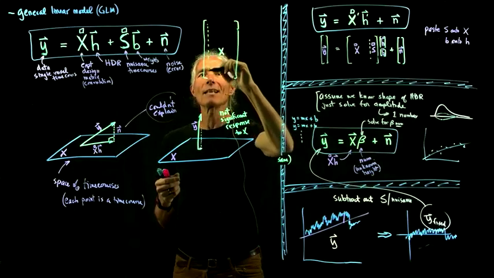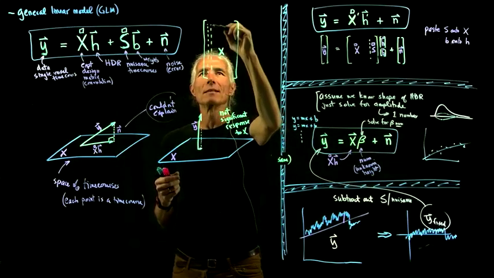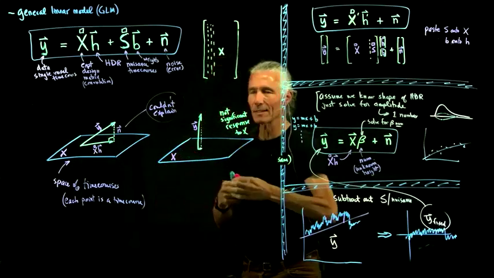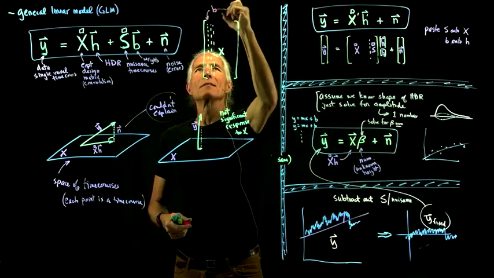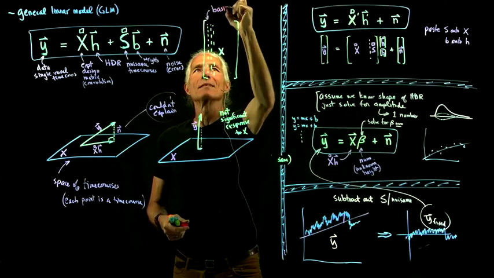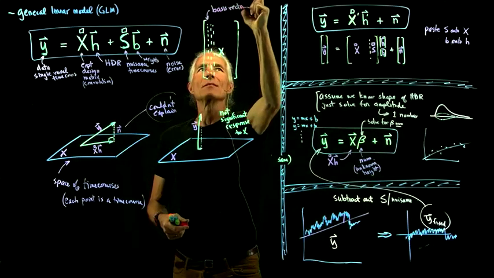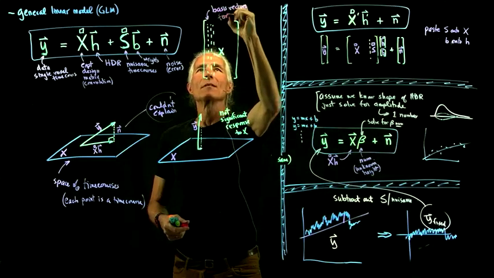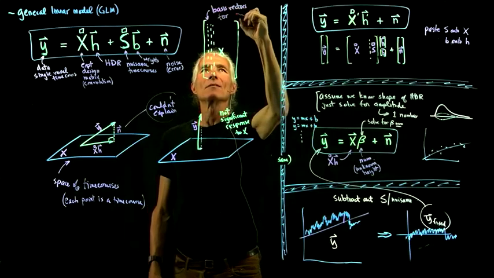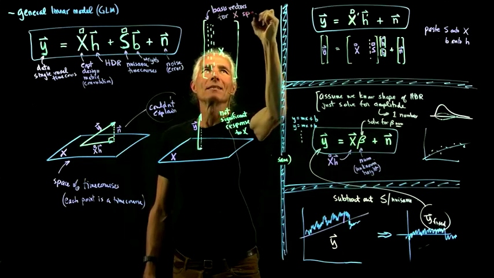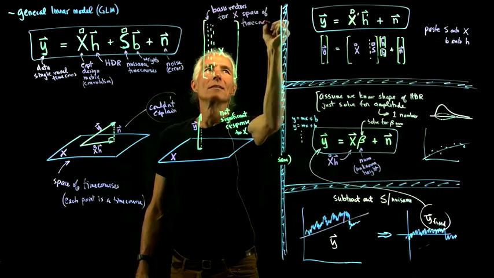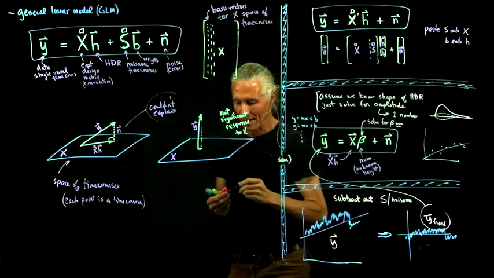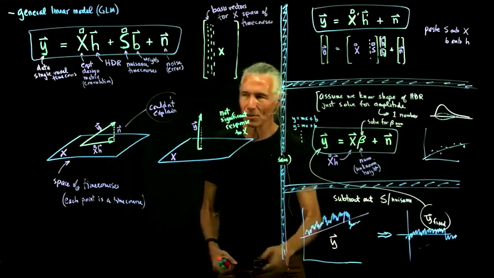And the columns of that matrix represent the basis vectors for the X space of time courses. I already said it in the ADM lecture, but let's do it one more time.